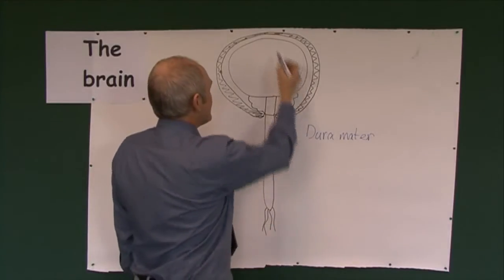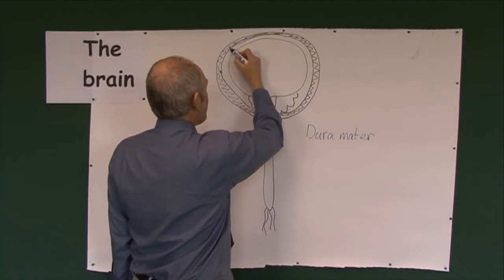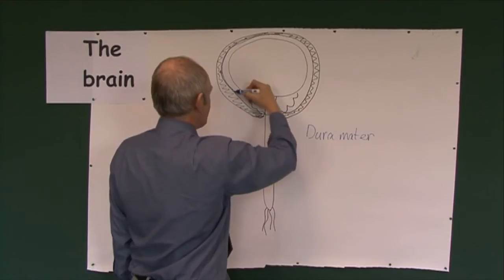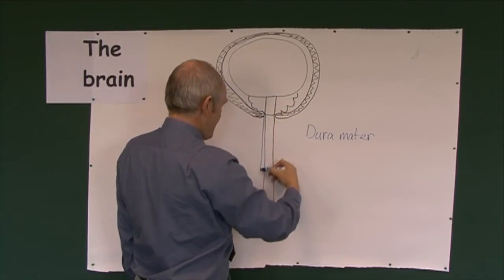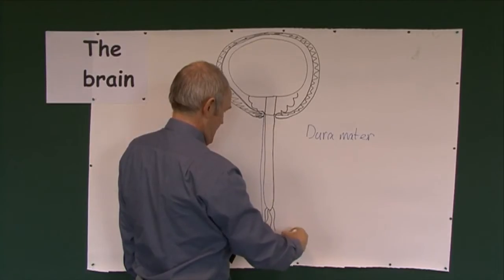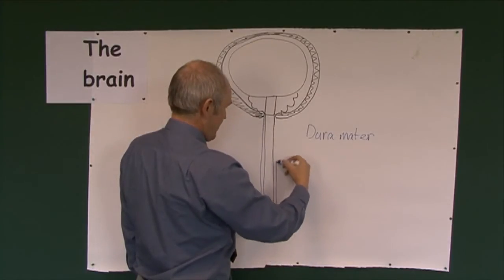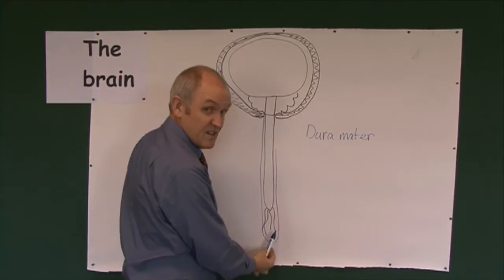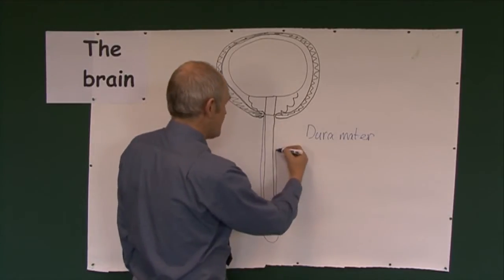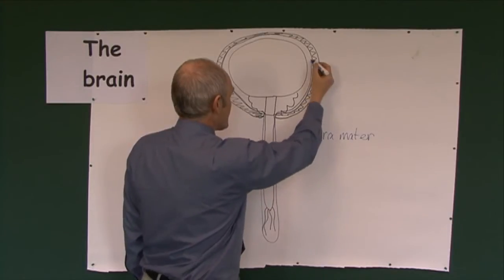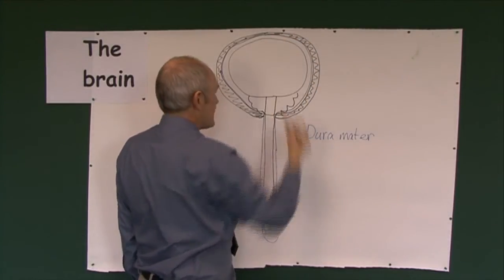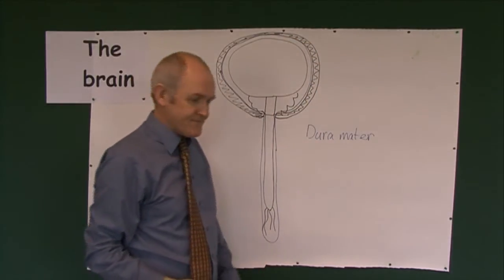So the Dura Mater is adherent to the inside surface of the cranial cavity, but it also goes down and surrounds the spinal cord, and indeed surrounds some of the nerves at the bottom of the spinal cord as well. So there we have the Dura Mater.